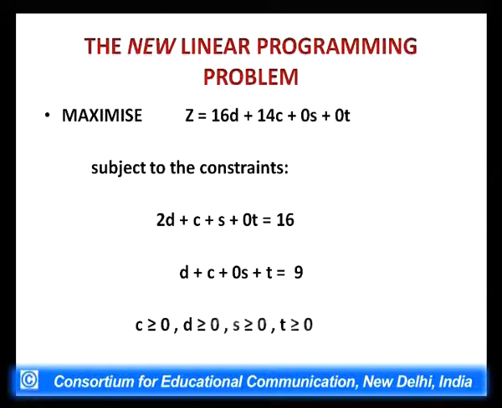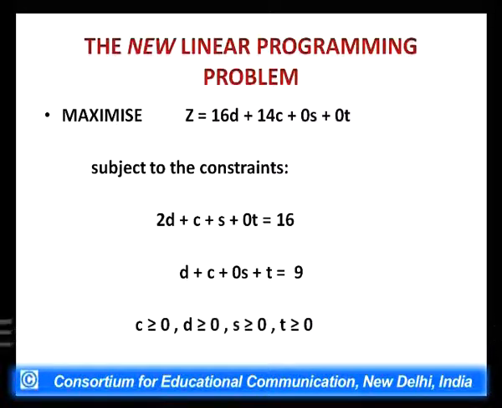Now, subject to the constraints, and these constraints are now our equality equations: 2d plus c plus s. Of course, in this first equation s was the slack variable which was applicable, but t was missing here, so we have given a coefficient of 0 in this particular equation, so 0t and then equal to 16.